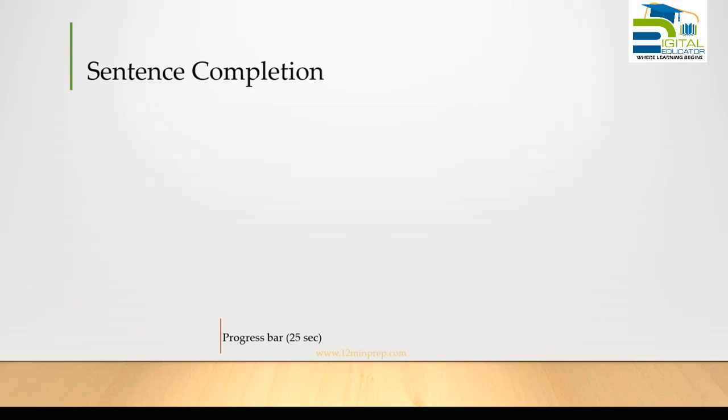In sentence completion questions, you need to choose the best word or words to complete a sentence in a logical way. Try solving this question now in less than 25 seconds.